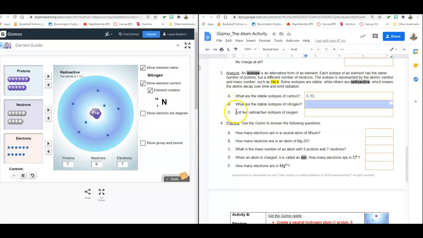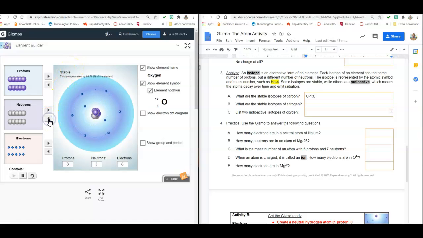For 3C, we're looking for radioactive isotopes of oxygen. Oxygen has 8 protons. And here we have oxygen 17. Oxygen 17 is a stable isotope.